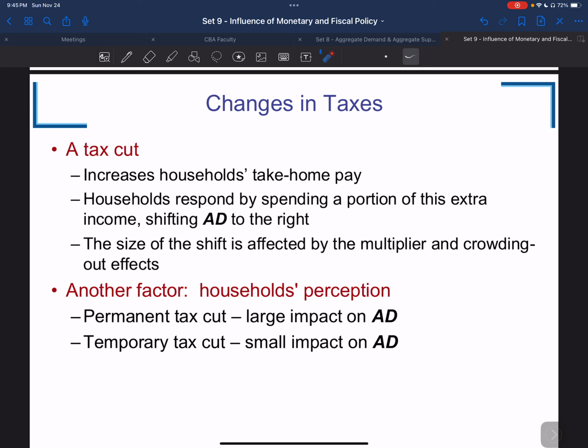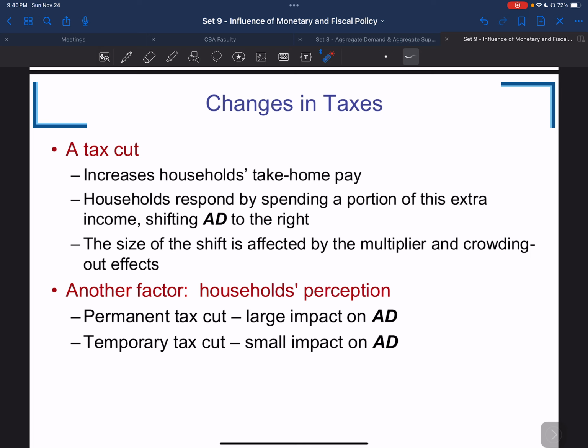It's paid to the government. But when the government decides to have tax cuts, part of that tax stays in your payment, in your income, and your income will increase. Your disposable income, the income that you have access to, will increase the money that you already have. And households will respond by spending a portion of this extra income.